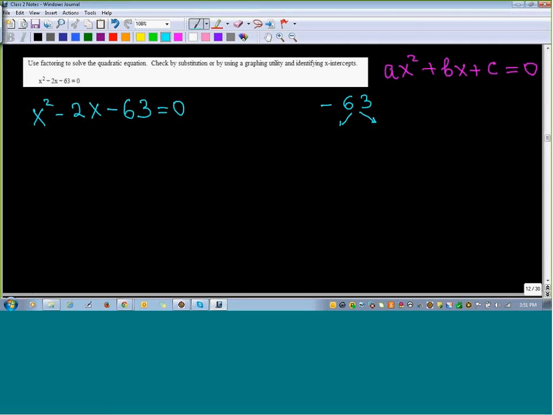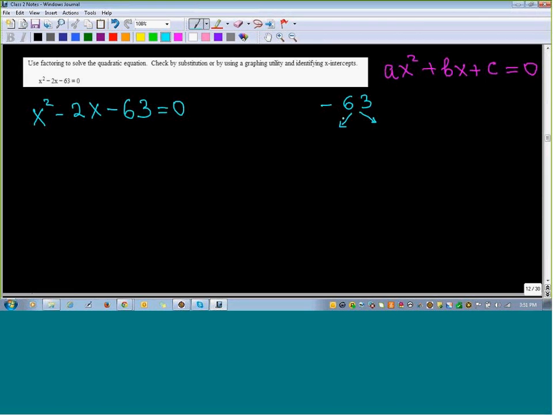Yeah, we factored in unit 1, I mean class 1. So now we need to find which combination gives us negative 2, and this is the one. So you were right. Negative 9, this guy, because 7 minus 9 is negative 2, and that's what I need here.